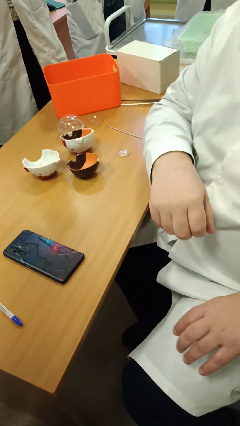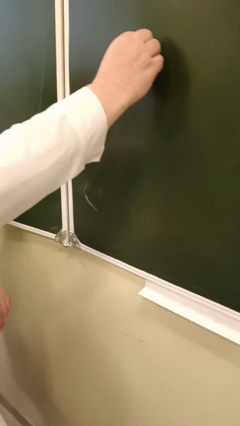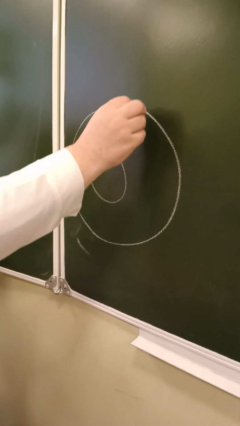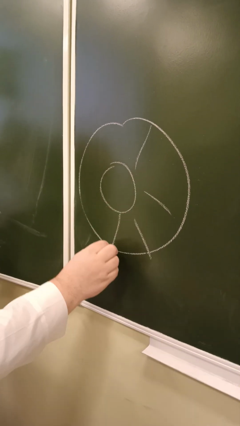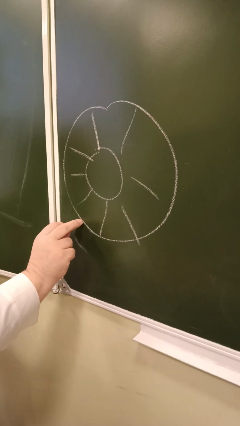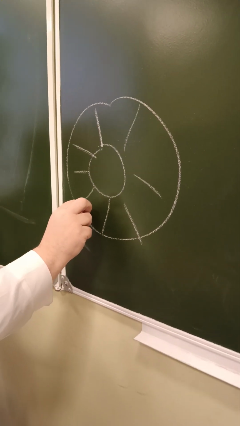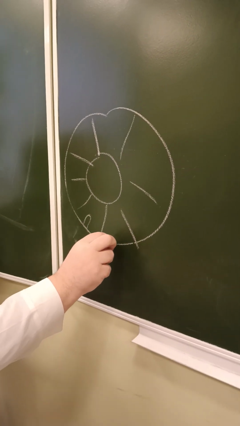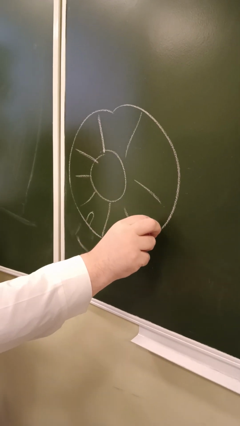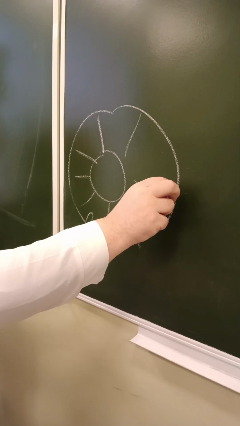Look here. This is musculus ciliaris. Here is the lens. Here is the thin ligament, zonula ciliaris, and from the ciliary body, between the zonula ciliaris, we have processes, processus ciliares, a lot of them.